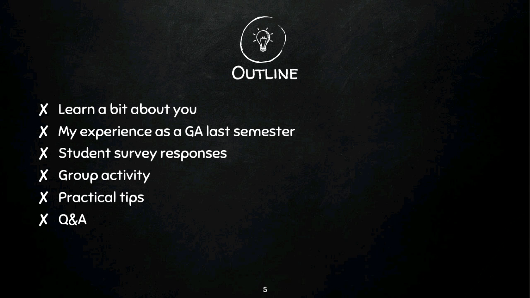Then I want to go over some feedback I got from the students in the course that I was a GA for, because I sent out a survey to get some recommendations, and I think that these can be really helpful, and I'd like to share them with you. Then I want to do a really quick group activity, and then I'll go over some practical tips, which are basically a summary of what I learned from my experience being a GA online and from the student survey feedback. And then I want to finish up with a Q&A.